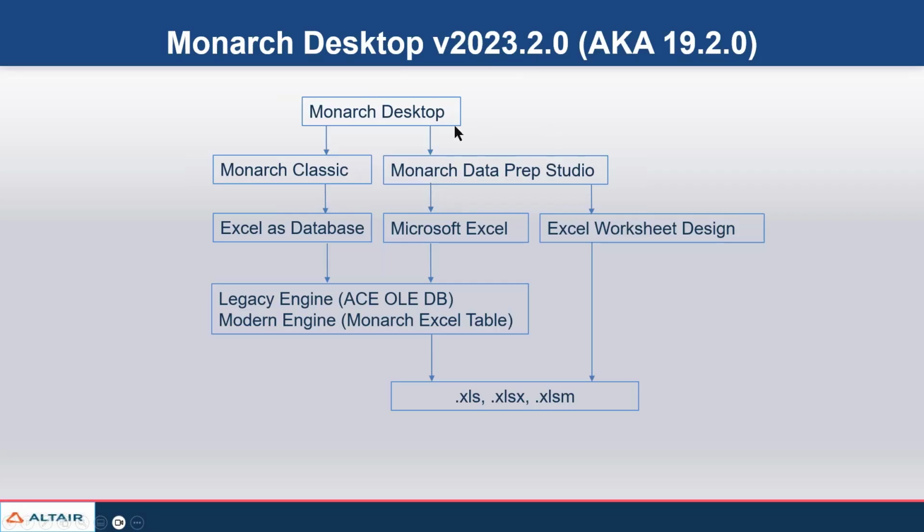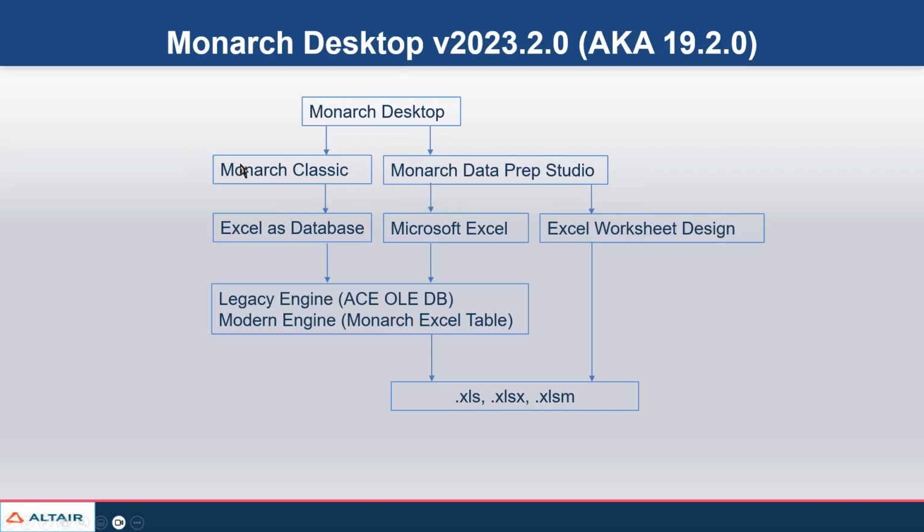As you know, Monarch Desktop comes with two programs. One is Monarch Classic. The other one is Monarch Data Prep Studio. You can use both of these programs depending on how comfortable you are with one or the other. Both programs can read Excel files.